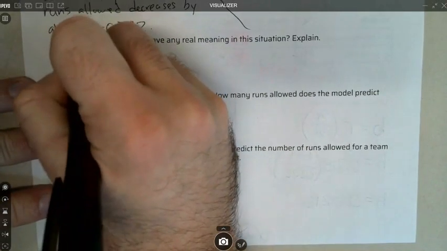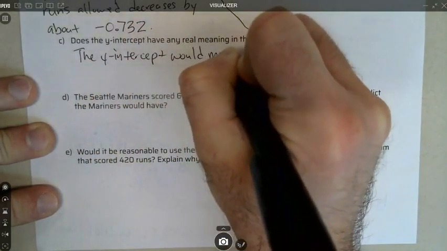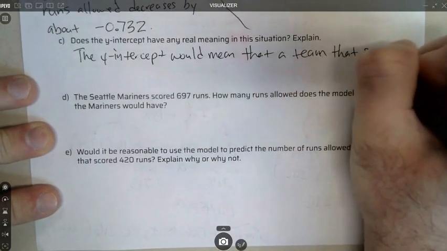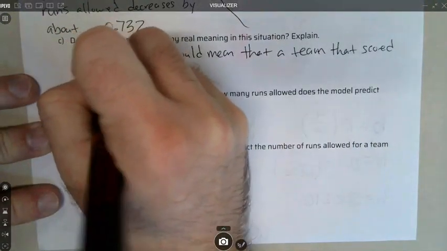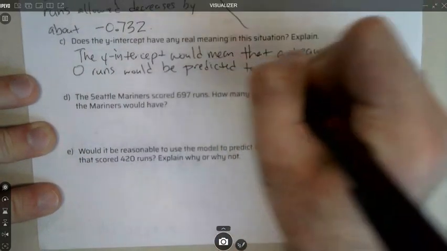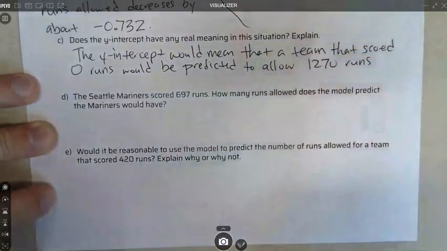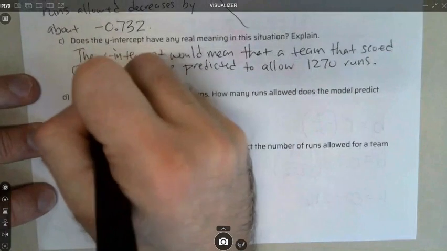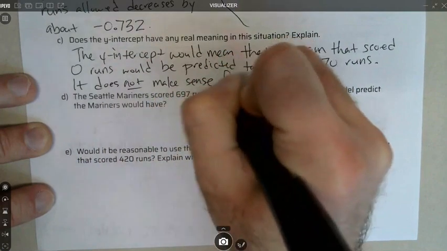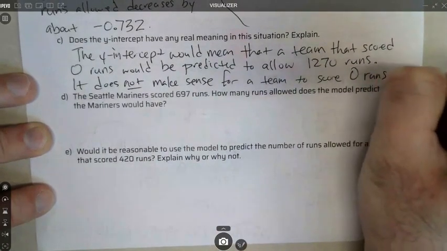The y-intercept would mean that a team that scores 0 runs would be predicted to allow 1,270 runs over the course of the season. It does not make sense for a team to score 0 runs.